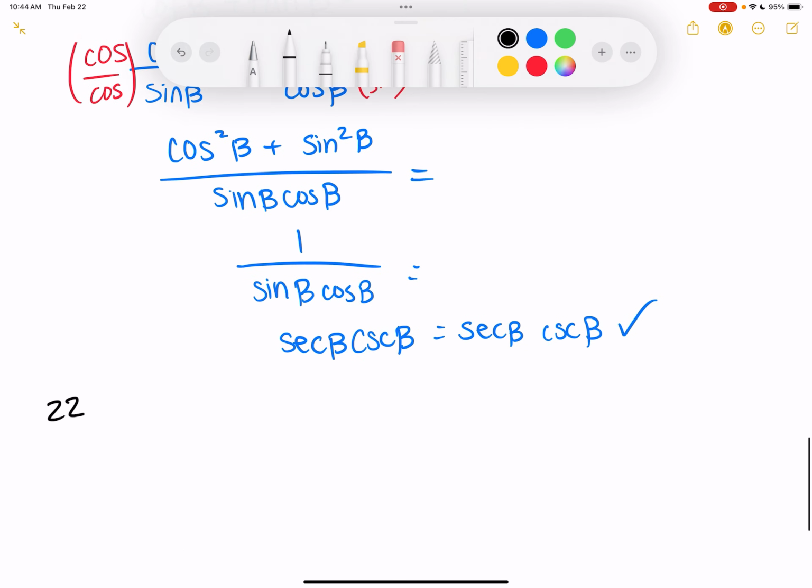So going back to 22, sine squared alpha minus cosine squared alpha equals 1 minus 2 cosine squared alpha. Any ideas?